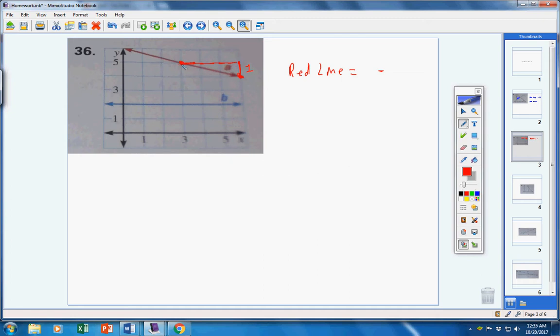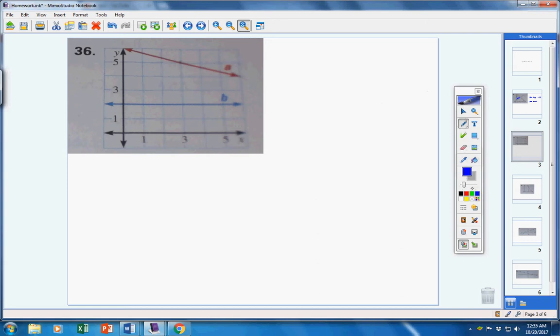Start here and then count as you move. 1, 2, 3. So my rise is 1. My run is 3. So the red slope is -1/3.